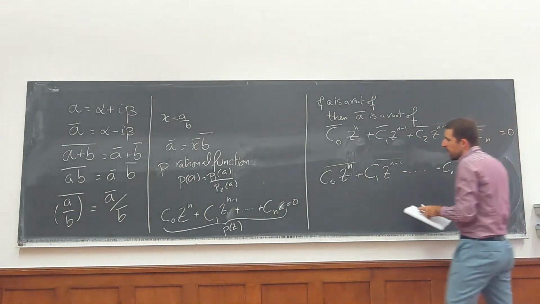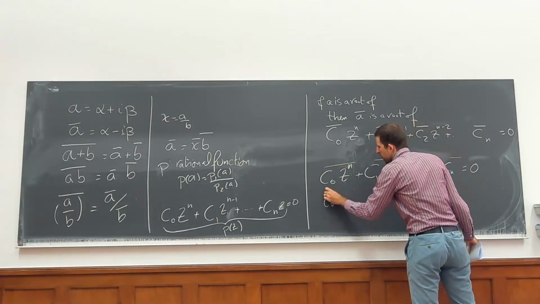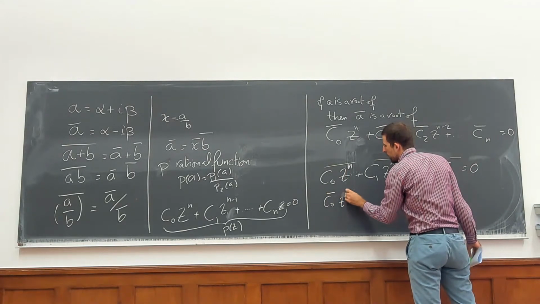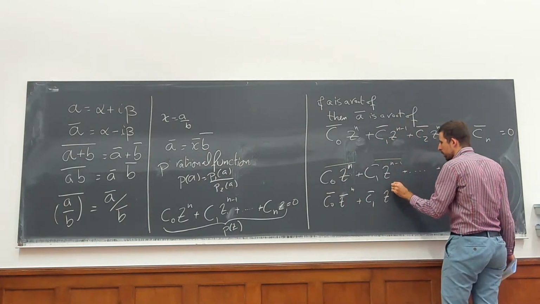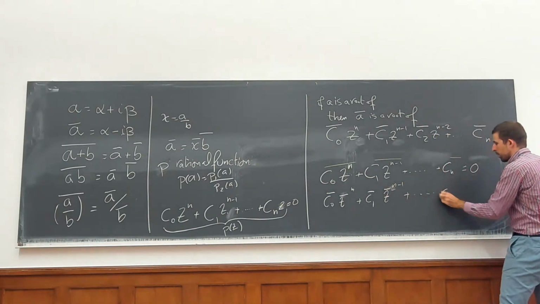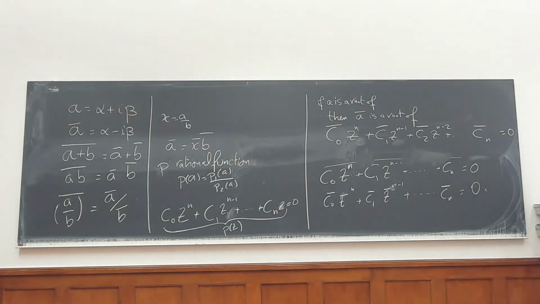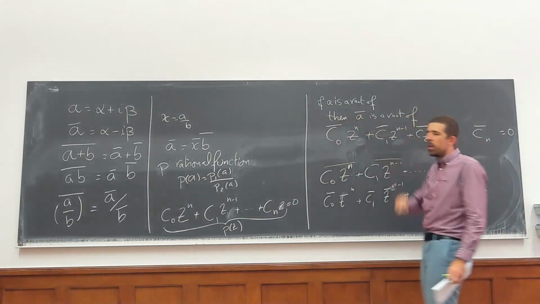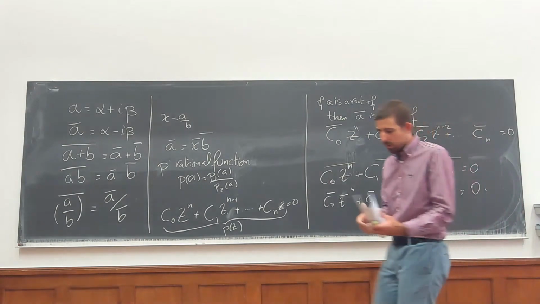But this means that, because now I can take the conjugate inside the products. And so if A is the root of a polynomial, then A conjugate is the root of the polynomial where the coefficients got conjugated.